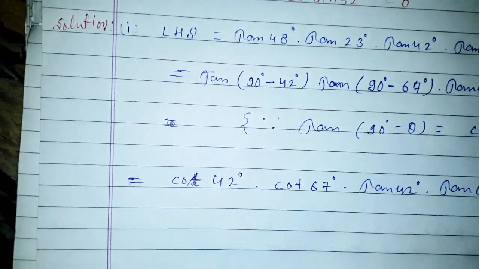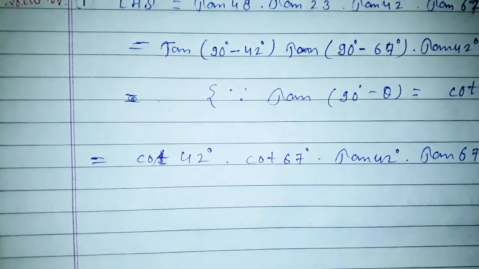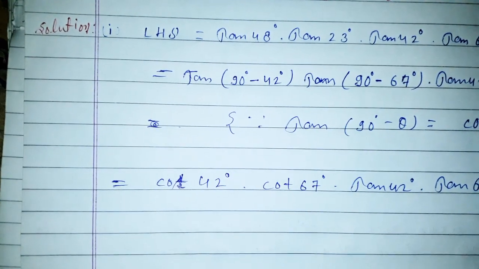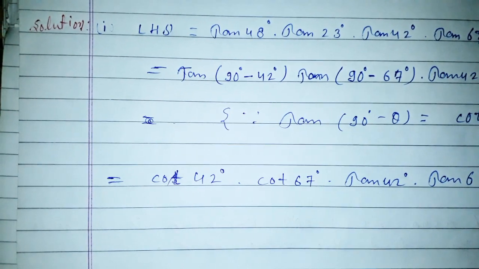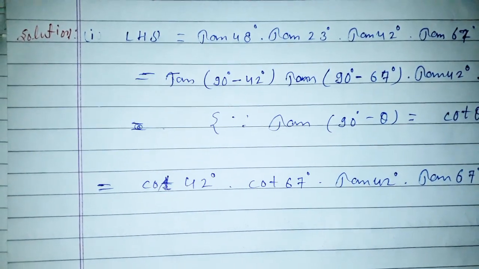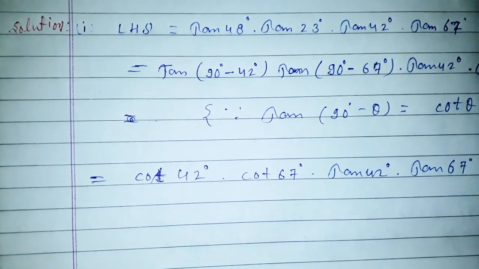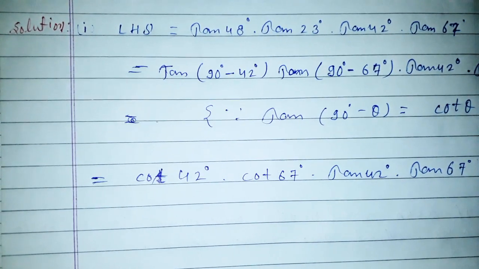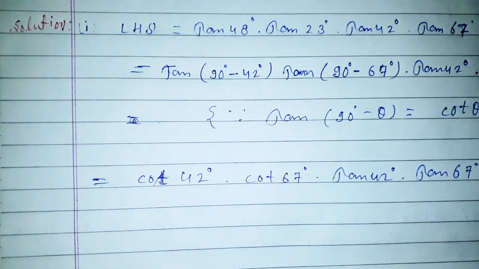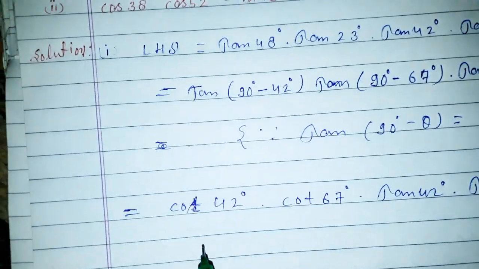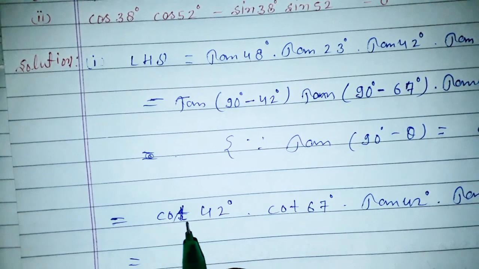We discussed in the previous class what cot is. Cot is cos upon sine, and we also know that cot is the reciprocal of tan. So cot is 1 upon tan.